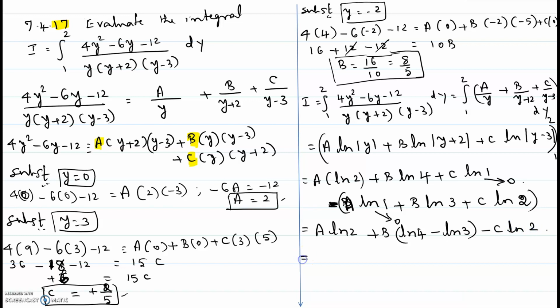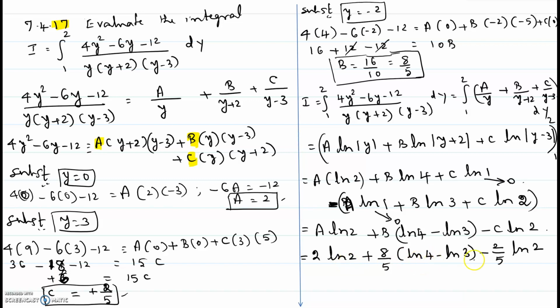Now you plug in the values of A, B and C. So A equal to 2, so 2 ln 2. B equal to 8 over 5, times ln 4 minus ln 3. C equal to 2 over 5, so minus 2 over 5 ln 2. Here we will do some amount of computation.